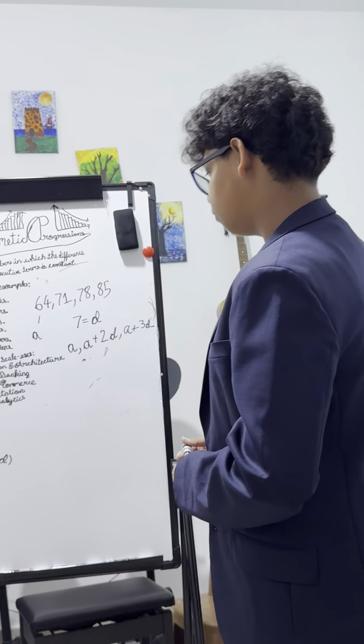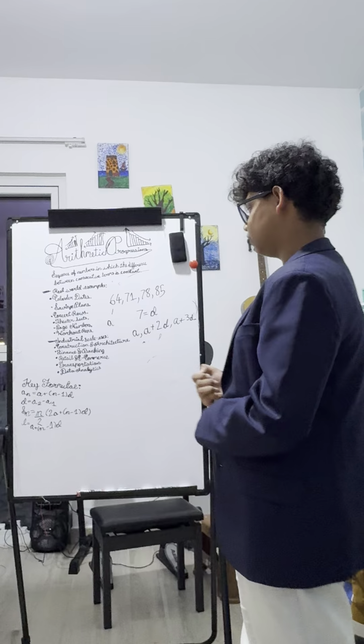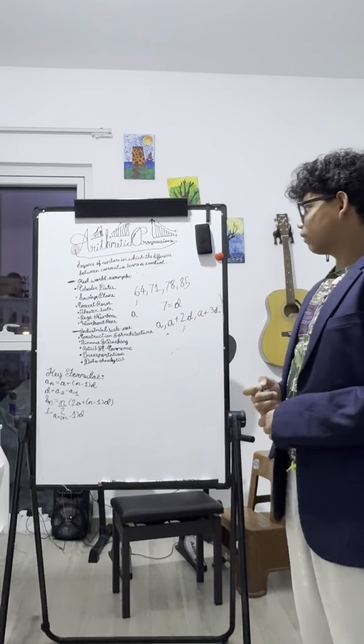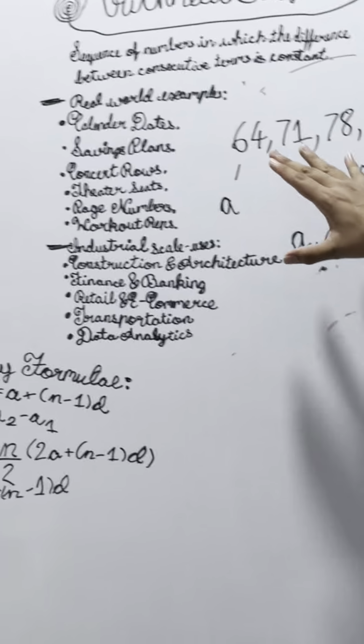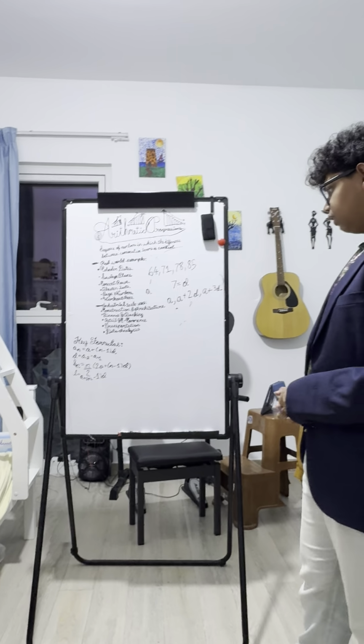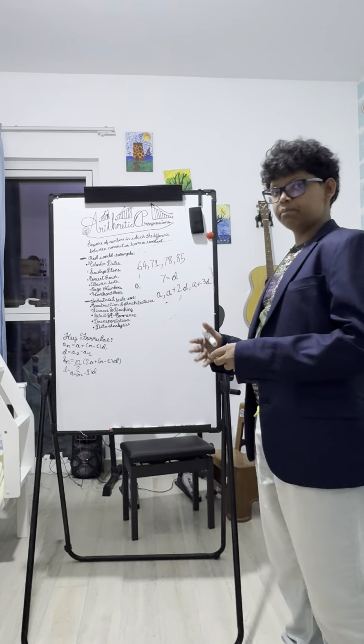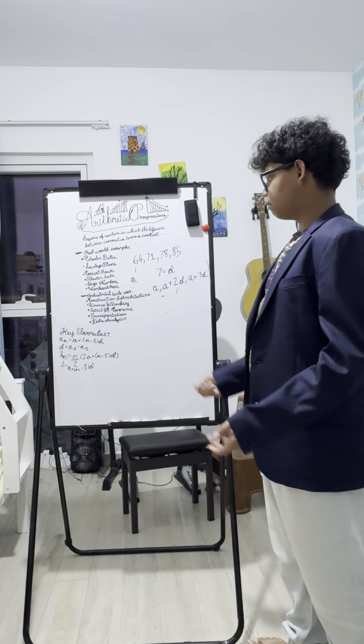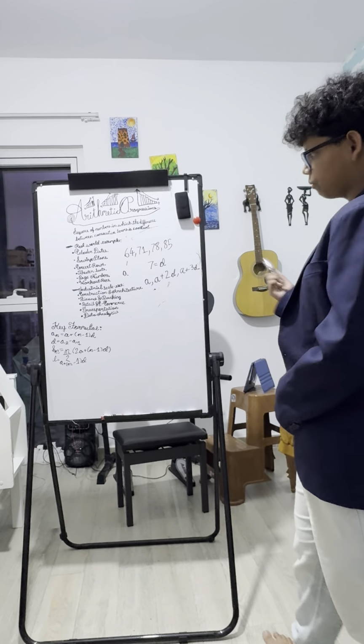And now let's find what S of n is. If you want to find the sum of all four of these numbers, you can do that just using this formula. S of n, S being short for the sum of the n number of terms in this arithmetic progression.